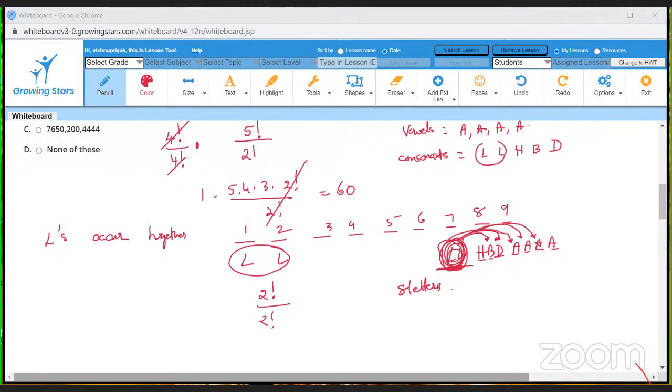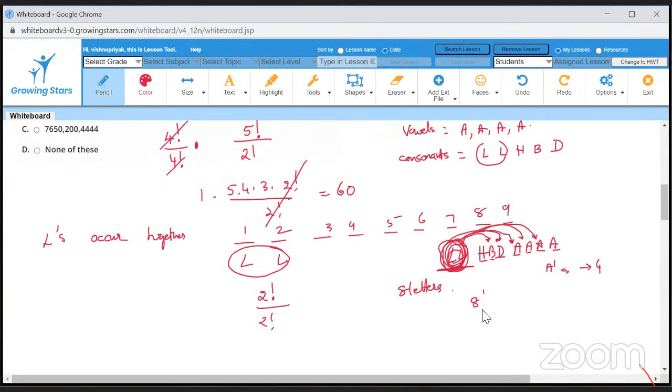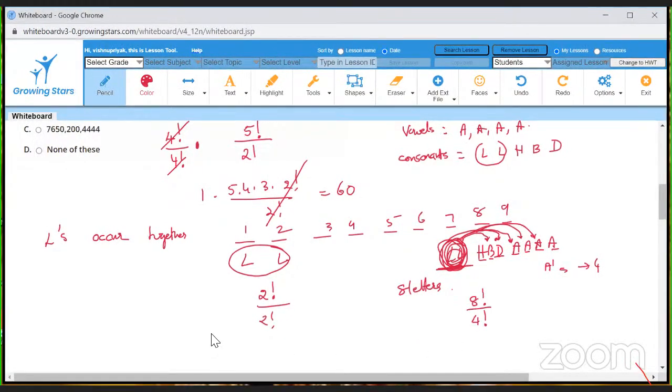Now I am taking these 8 letters, out of which A's are coming 4 times. So I can arrange them in 8 factorial by 4 factorial ways. So this is how first work and second work. It is multiplied.